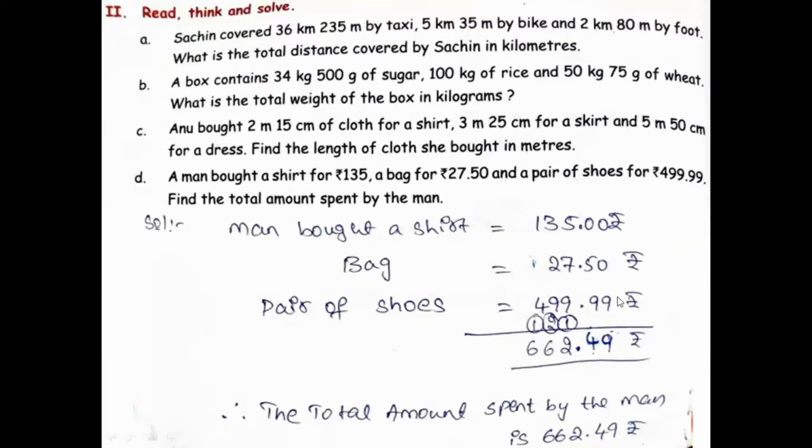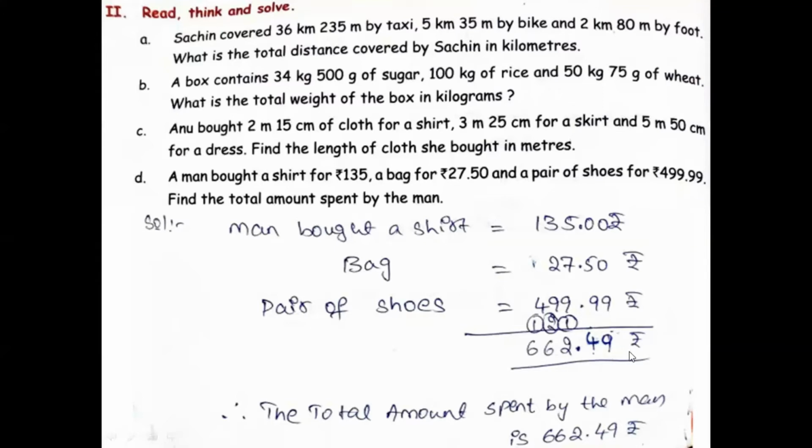0 plus 0 plus 9, 9. 0 plus 5 plus 9, 14. 1 carry over, 4 write down. 5 plus 7 plus 9 plus 1, 22. 2 write down, 2 carry over. 3 plus 2 plus 9 plus 2, 16. 6 down. 1 carry over. 4 plus 1 plus 1, 6. 662.49.